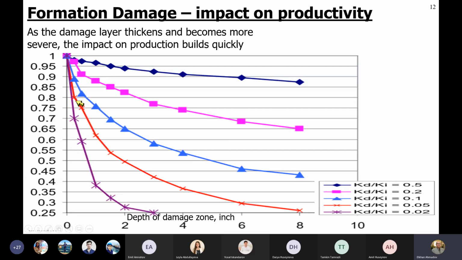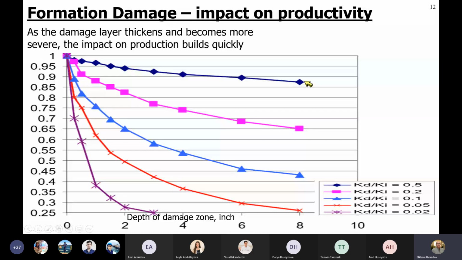So what does it mean? It means if the permeability of the near wellbore zone is half of that of the whole reservoir, then the productivity of the well will be damaged, depending on, again, the depth of damage, up to 15%.